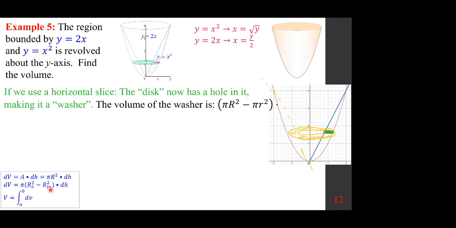The next thing I want you to notice is that R out is the x coordinate of the curve. So take a look. I'm going to go back one more time. Take a look at this one. This is R out. R out, everybody, is from here to the outer piece of this one.